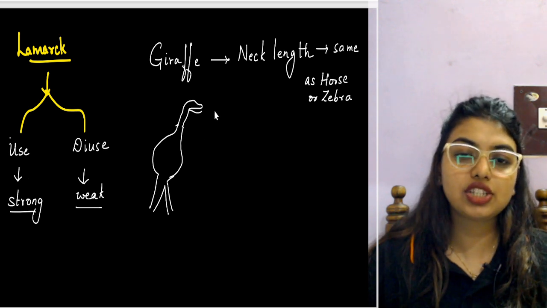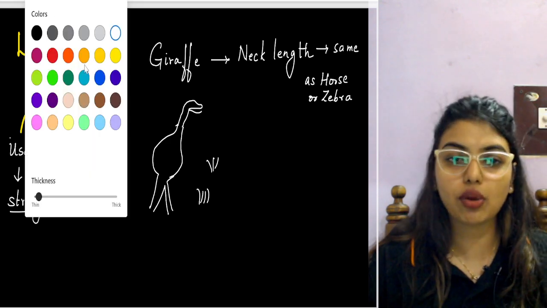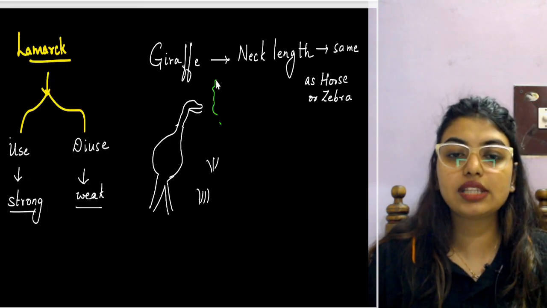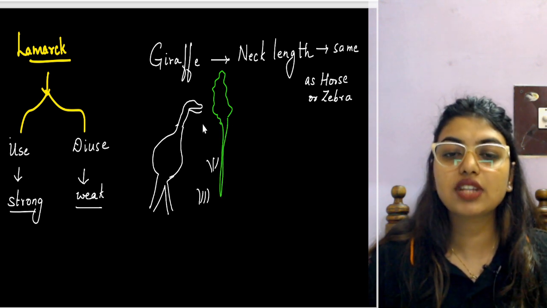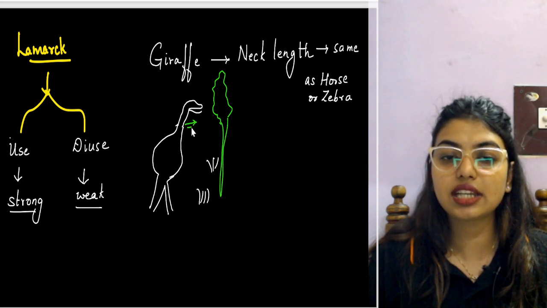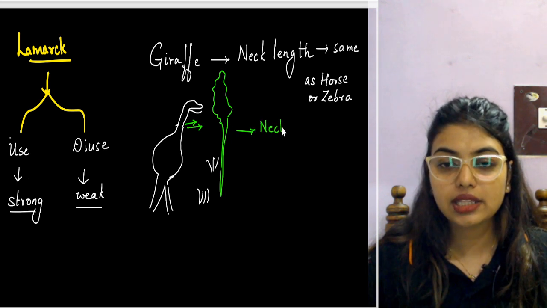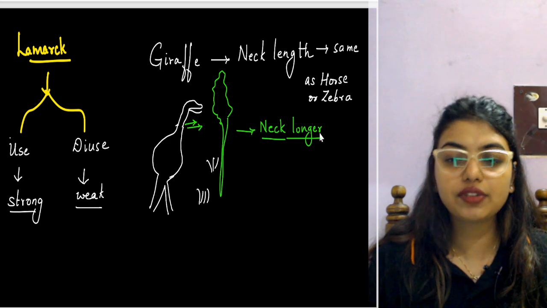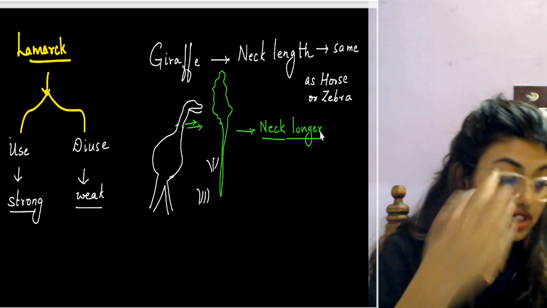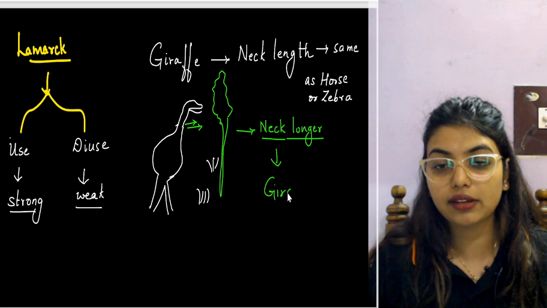So since the giraffe at the starting was consuming plants, the giraffe neck was normal. But later they noticed that there were long trees and there was no grass left. So the giraffe started stretching its neck, and the neck got longer. And he told that all of this happened, and because of which it was seen in the next generation as well, like that giraffe got a long neck.